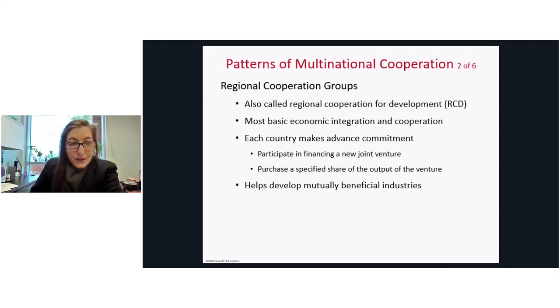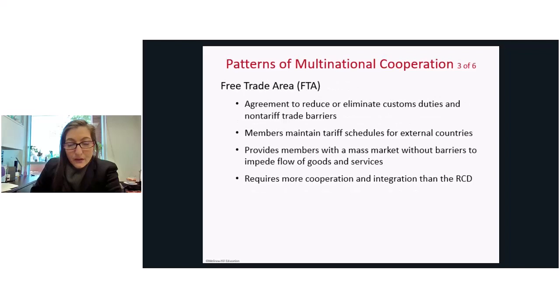Then, progressing from a regional cooperation group to a free trade agreement. This is an agreement to reduce or eliminate customs duties and non-tariff barriers.